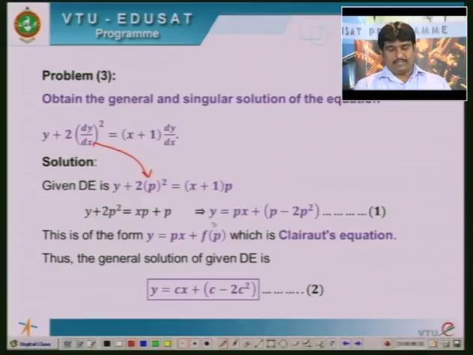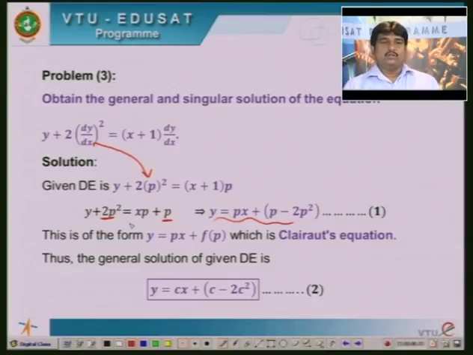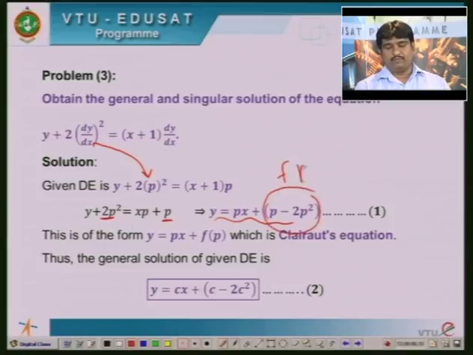Multiply and simplify this to get y equals px + p − 2p square. So I have collected this p and 2p square term. You just transfer this 2p square to the right-hand side to get f(p). This part is f(p), p − 2p square.